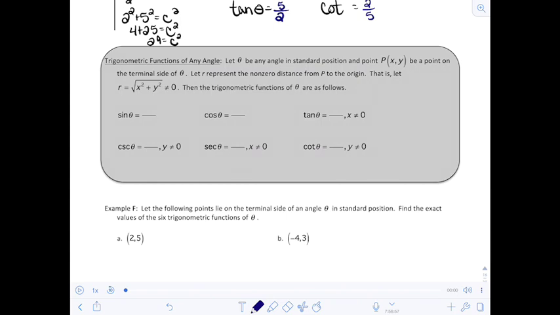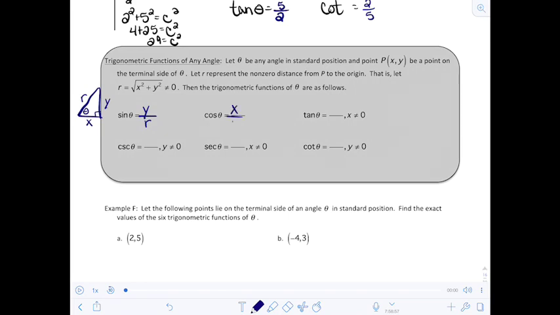So now it's not going to change drastically, but when sine of theta used to be y over 1, because 1 was the hypotenuse, now we have x, y, and r. So the sine of theta would be y over r.